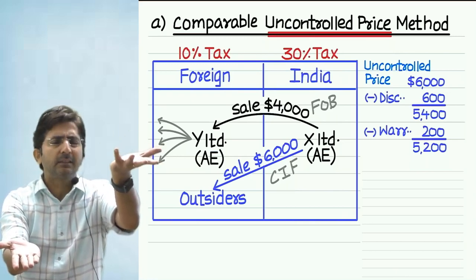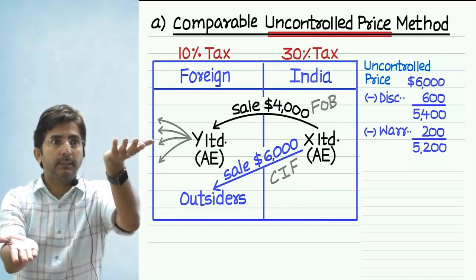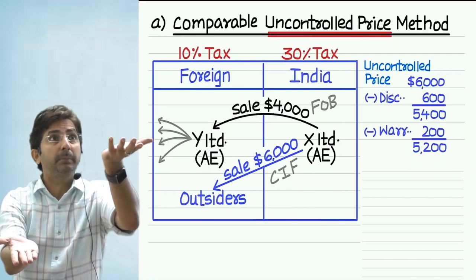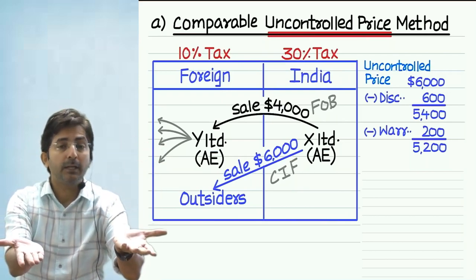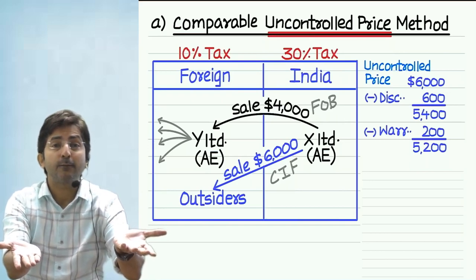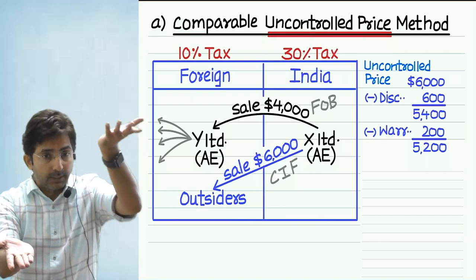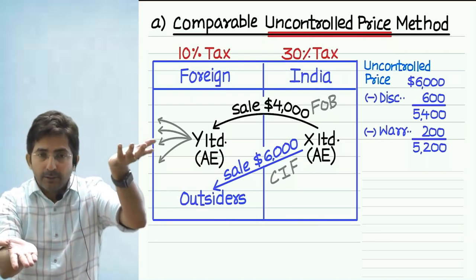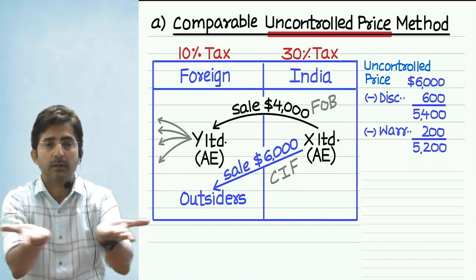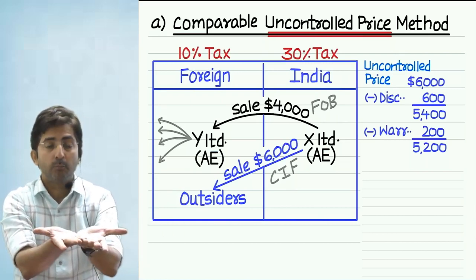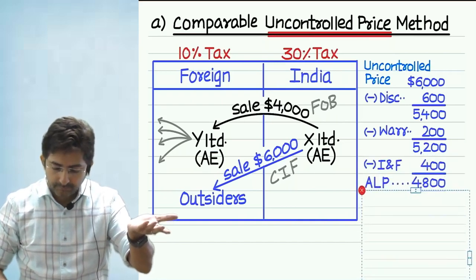This thing. So this has to be adjusted. So what should I do? Obviously, since it has gone up, being CIF, I have to reduce it. Reduce it by the insurance and freight amount, which will be given in the question. So in 6,000, this is 6,000, right? I will reduce insurance and freight so that both become comparable, both will match, both will come at par. So see, this is what I have done. Look at the screen.